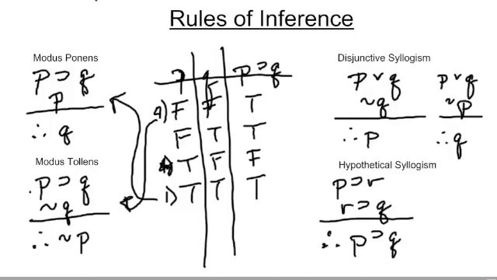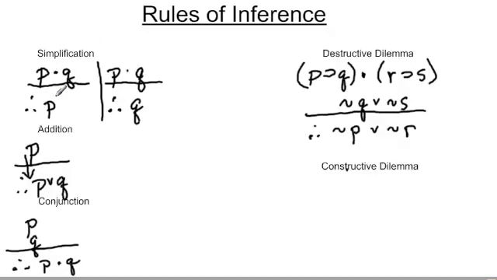Simplification said that if I had P and Q, that meant that I actually had P. It also meant that if I had P and Q, I would have Q. The conjunction of both of these terms means I can take one of these terms out. If you have a collection of P and Q, obviously you had P, otherwise you don't have a collection of P and Q. Same thing over here: if I have P and Q, I obviously have Q.